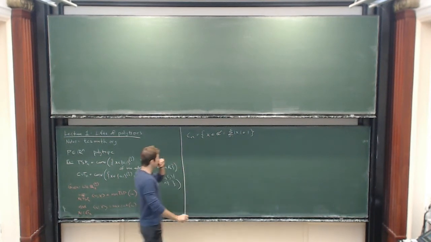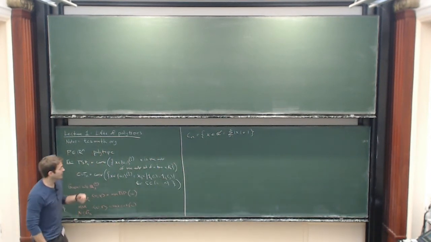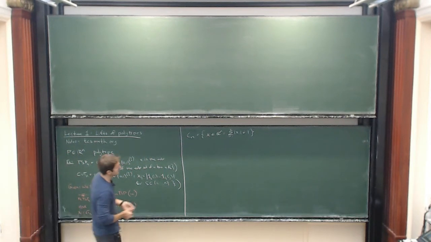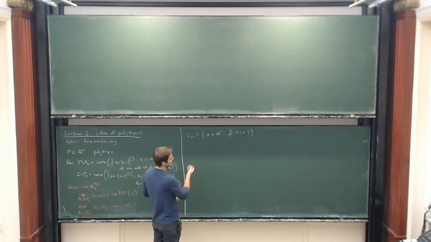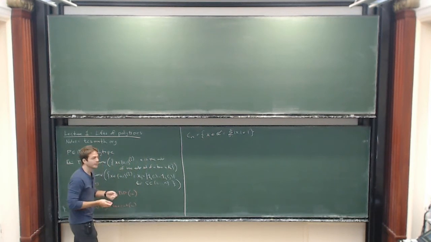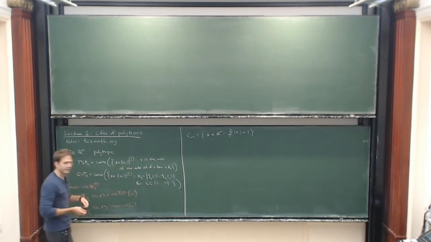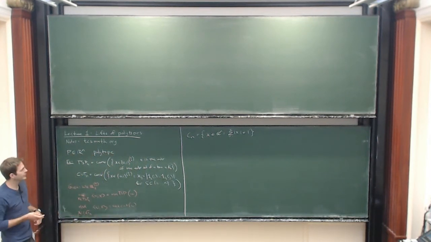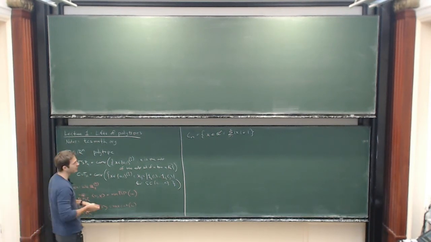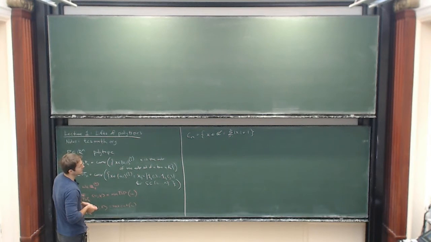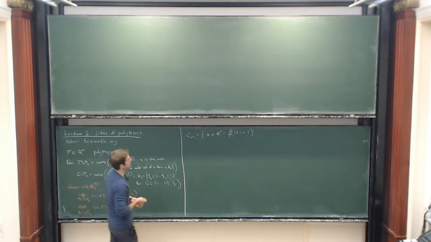It's also pretty complicated. It has 2 to the n facets. A facet, by the way, is a largest dimensional face of the polytope. For a full dimensional polytope in n dimensions, it's an n minus 1 dimensional face.